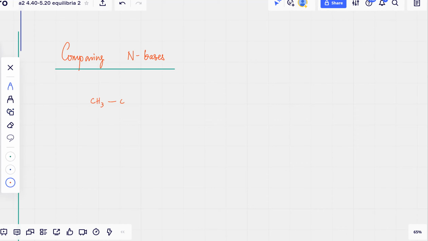So they are amides, like this is what an amide group is.